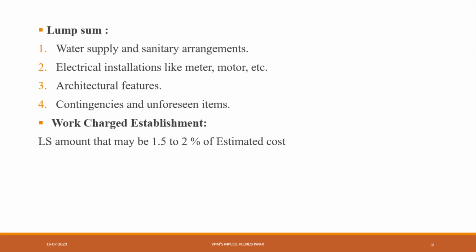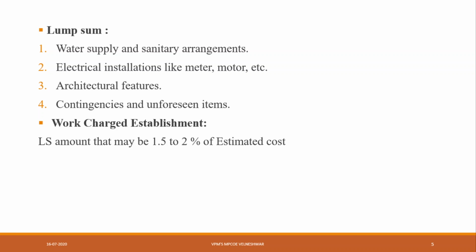Now some lump sum items in the estimates. First one is your water supply and sanitary arrangement. For supplying water and sanitary arrangement you will require some cost, that is kept as a lump sum amount. Then second one is your electrical installations like meter, motor, etc. This also comes under lump sum amount.